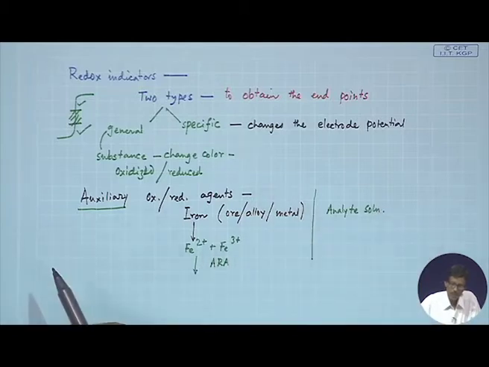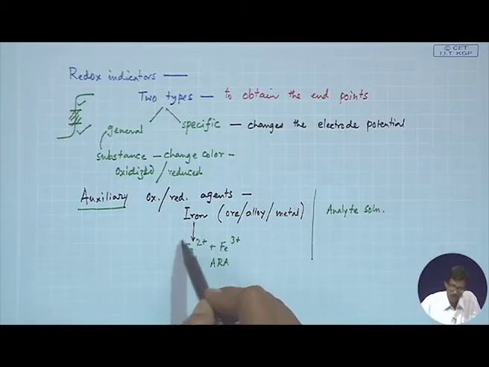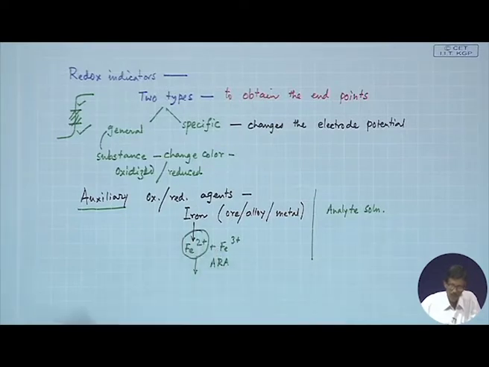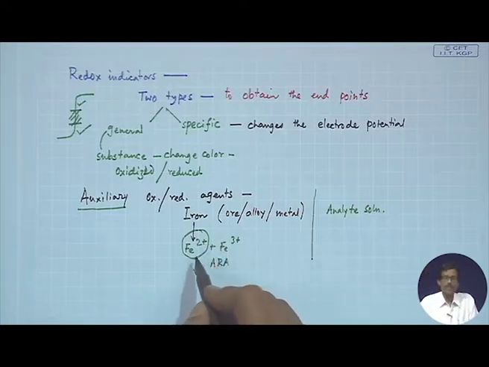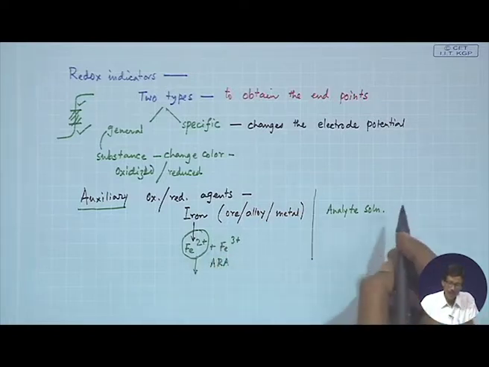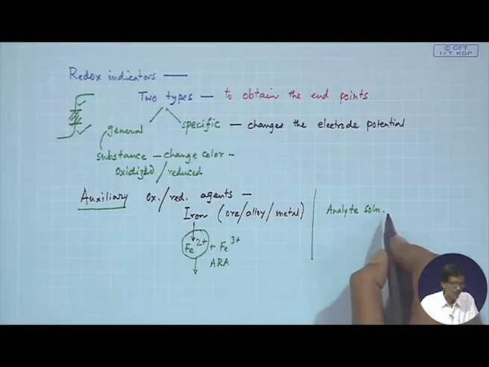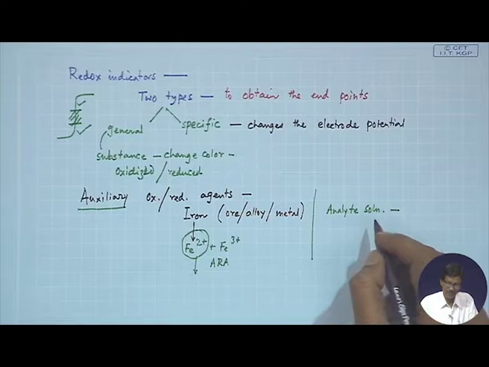Because just now we have seen that for iron you require the whole solution as Fe2+, then only you can oxidize it by potassium permanganate, potassium dichromate or ceric ion solution. So, this analyte solution should have a single oxidation state.